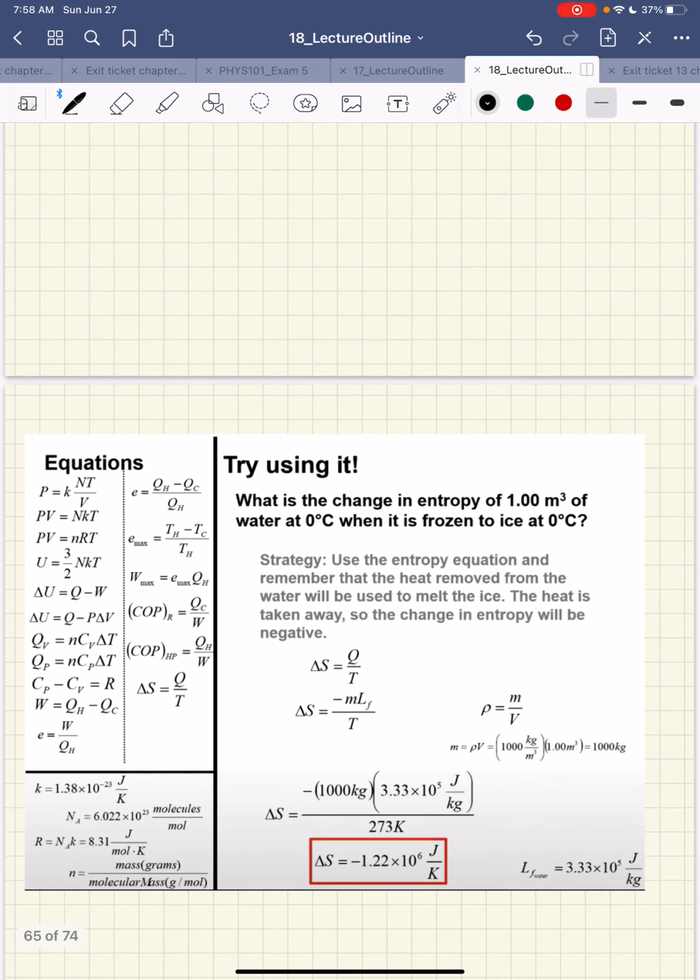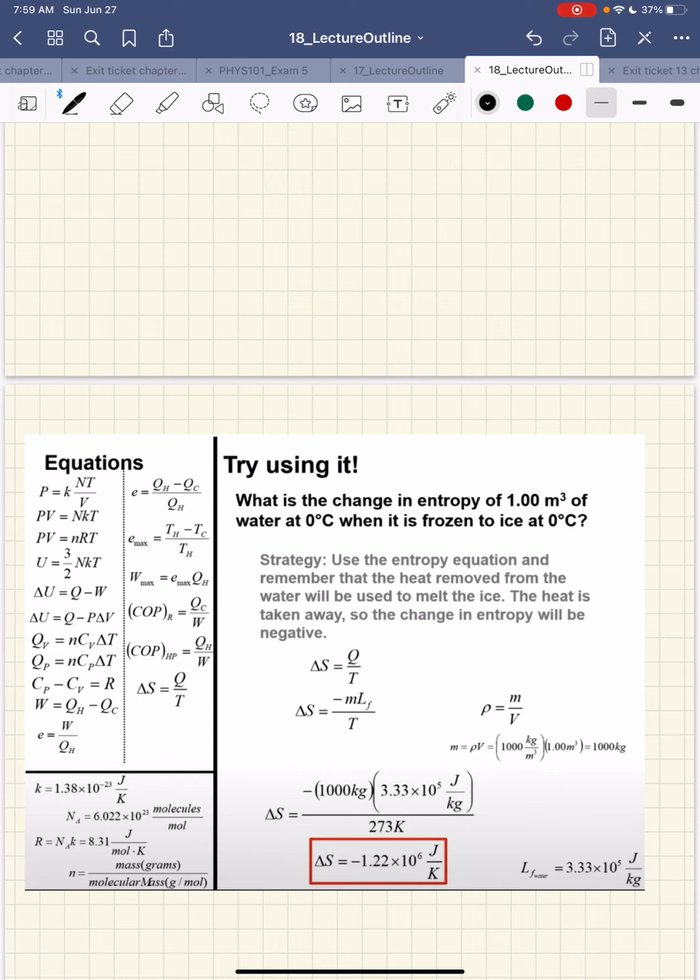What is the change in entropy of 1 cubic meter of water at 0 degrees Celsius when it is frozen to ice at 0 degrees Celsius? Here, we will use the heat removed from the system to find the change in entropy when it is converted into ice.